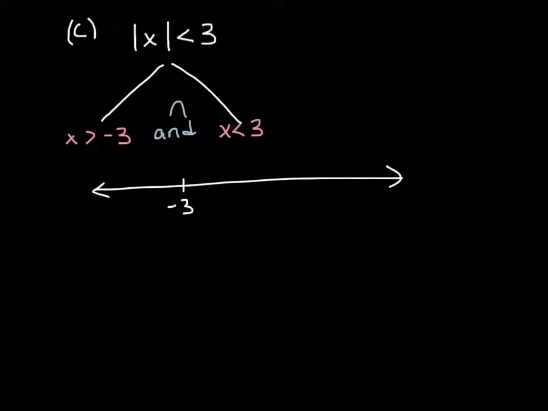I'm going to have negative 3 and 3. So x is greater than negative 3, and x is less than 3. So where they intersect is this middle section.